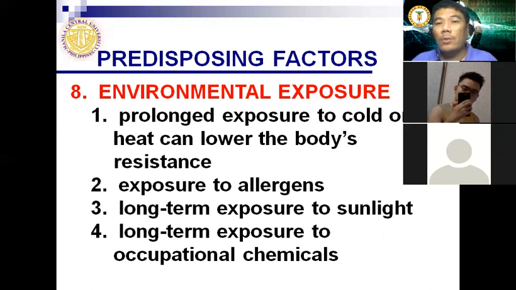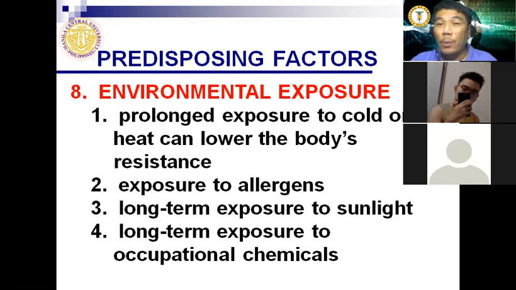You could be predisposed if you have prolonged exposure to cold. Predisposed to what? Do you know that you are predisposed to heart disease if you have prolonged exposure to the cold? How can you answer that? Scientifically, the cold may cause vasoconstriction. How about prolonged exposure to heat? You may have a high risk for heat stroke.